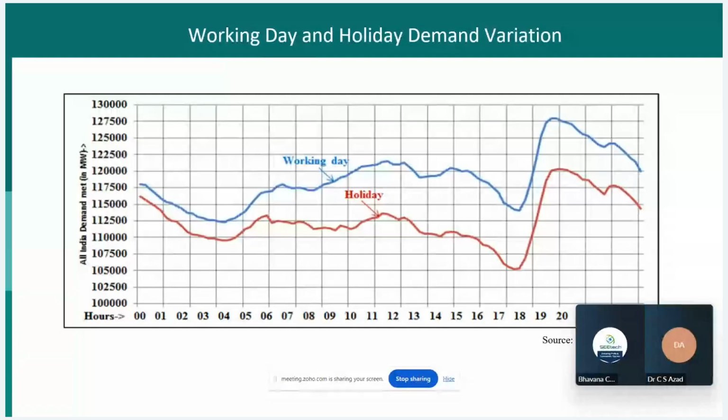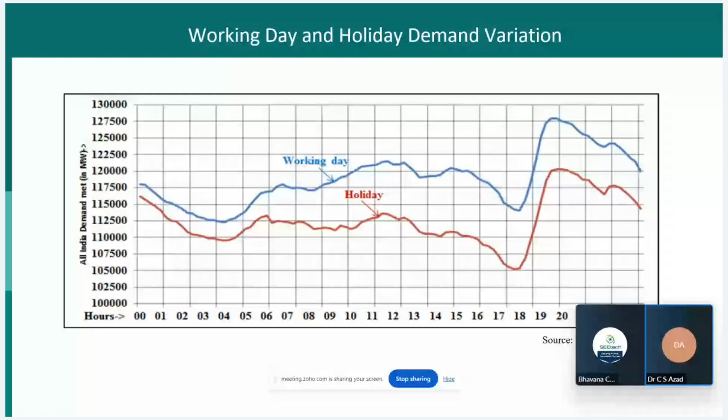And this demand curve may vary based on the working day as well as the holiday. During holidays, office and industry load may not be there, but load will increase in residences and other areas, such as shopping complexes and commercial buildings.